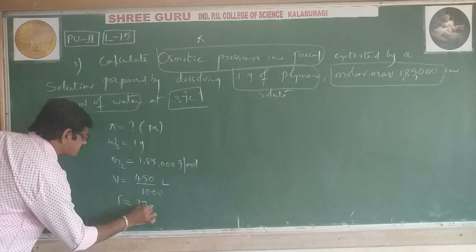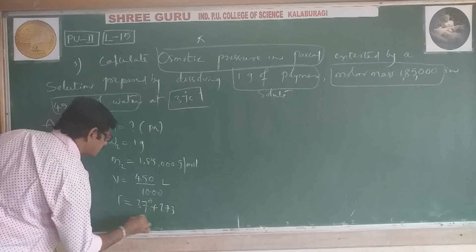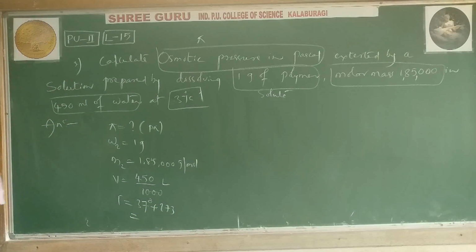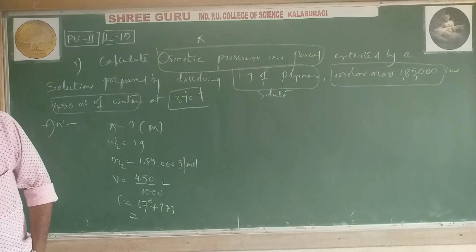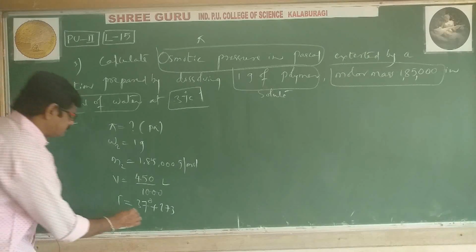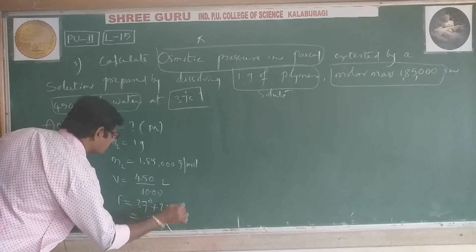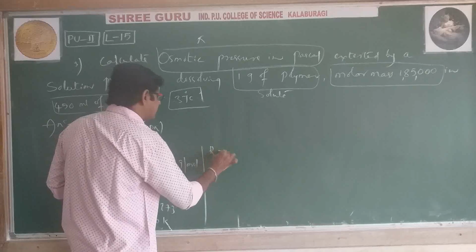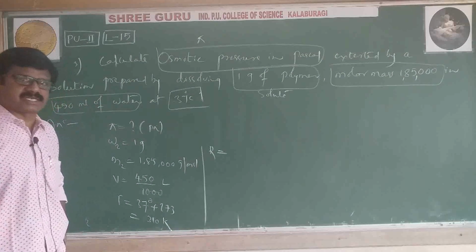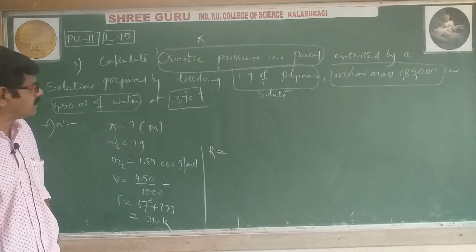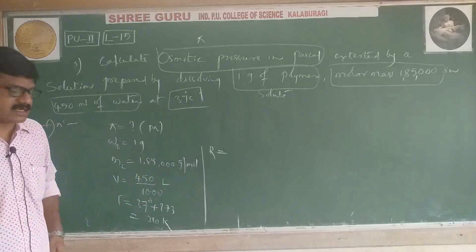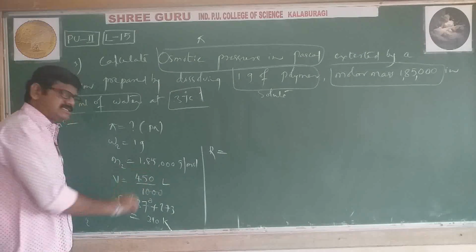Temperature 37 plus 273, then if you add you will get 310 Kelvins. Yeah, then one more value is needed, R, the gas constant here. How much we have to take is question mark. Anyhow, volume is in liters.